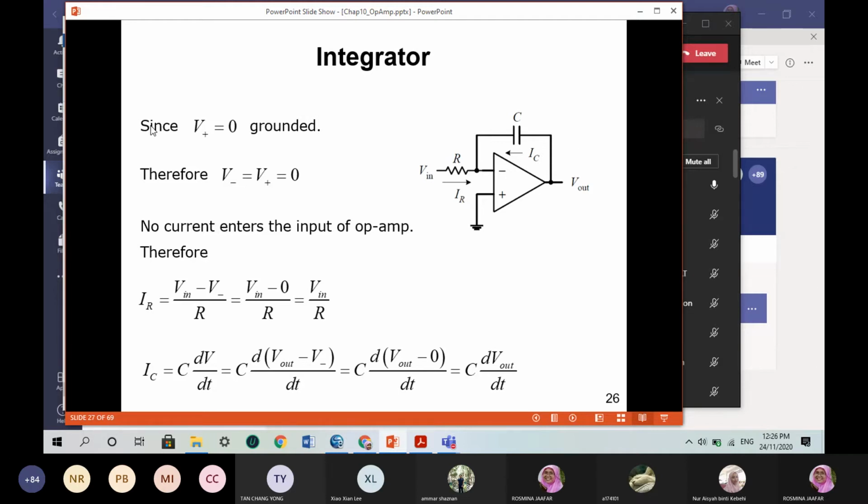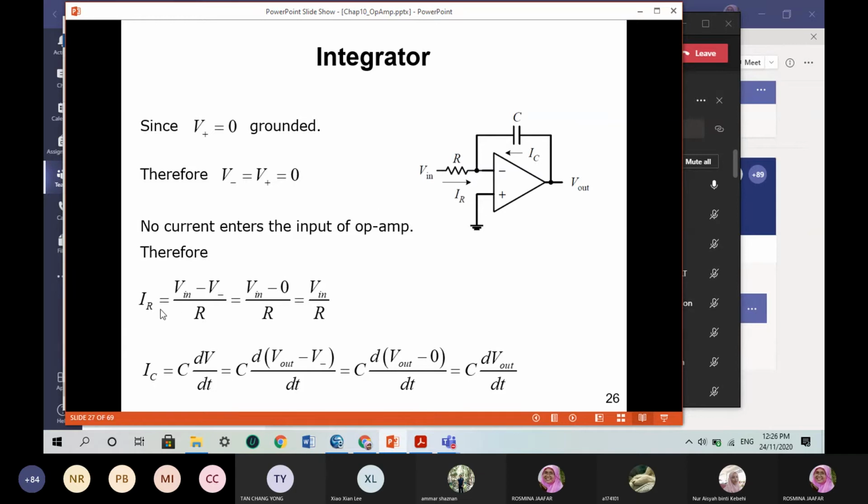Because the non-inverting input terminal is grounded, V plus is 0. Your V negative, the inverting input terminal, is also 0 because of the rules: no current flows through the input terminal and no difference between two input terminals. So when V plus is 0, V minus should be 0 also.